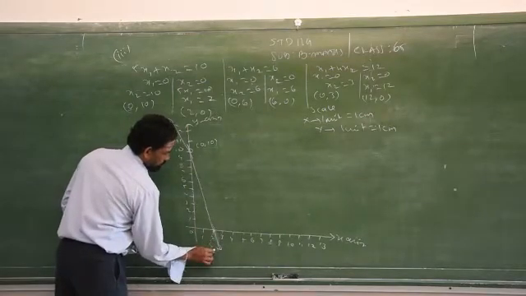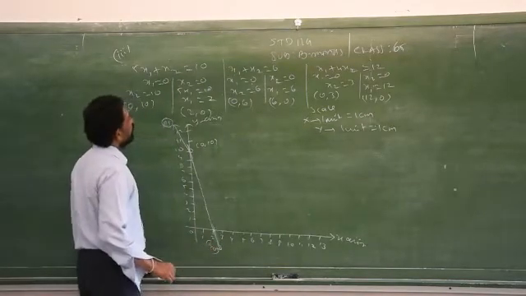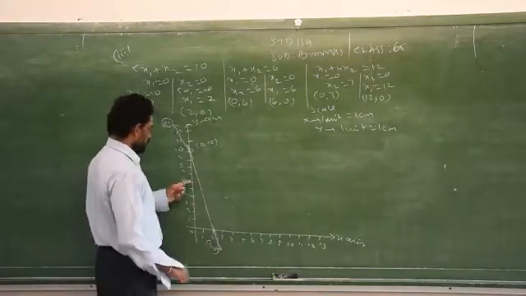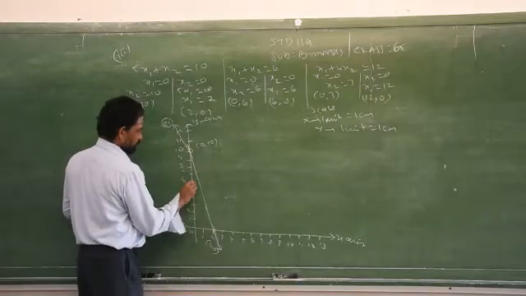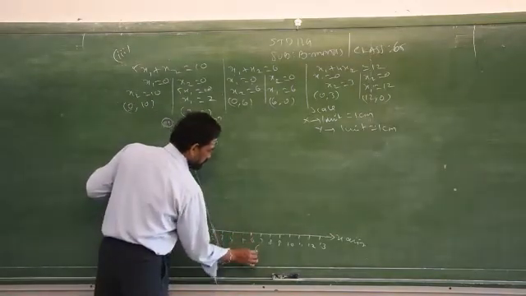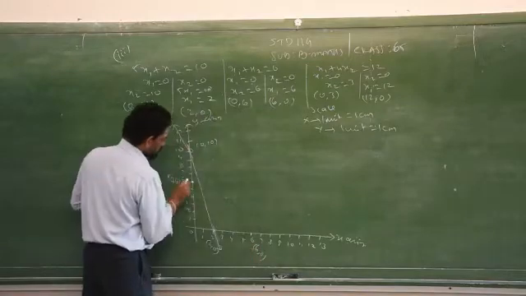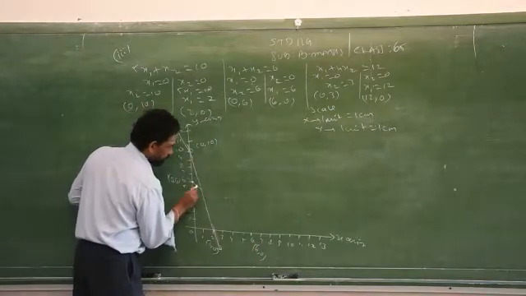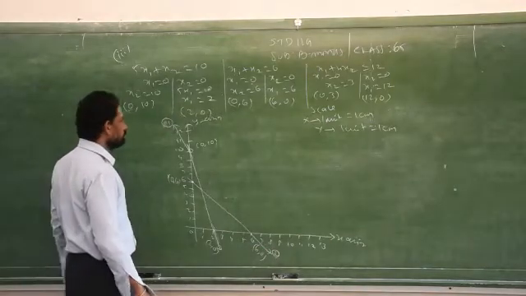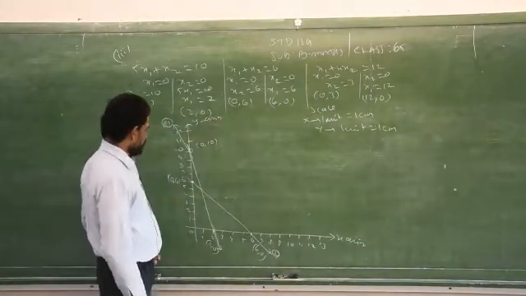That is 2, 0. The next one is 0, 6 and 6, 0. Just draw the line. Equation number 2.